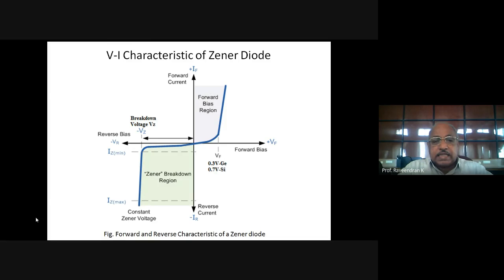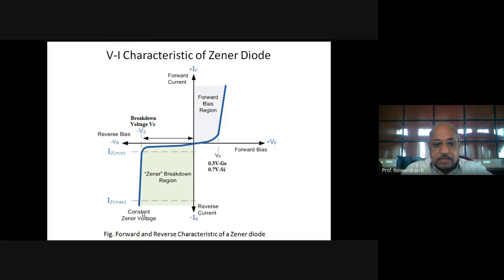Or we say that after the breakdown region, the reverse biasing has no direct relationship with the reverse current.